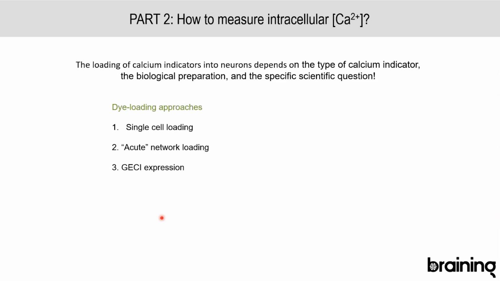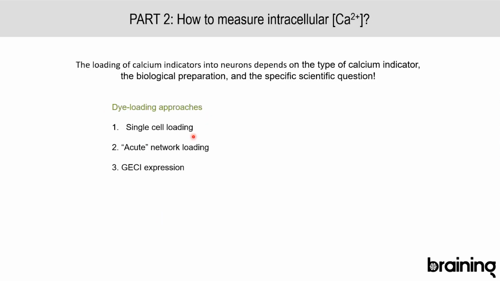Okay, so until now we talked about the importance of calcium. We talked about the main calcium indicators that we can use to evaluate the calcium signaling in the cells. And now I would like to talk a little bit about how we can load our cells or our system with these calcium indicators, into neurons, of course, or into glial cells. There are different types of dye loading approaches.